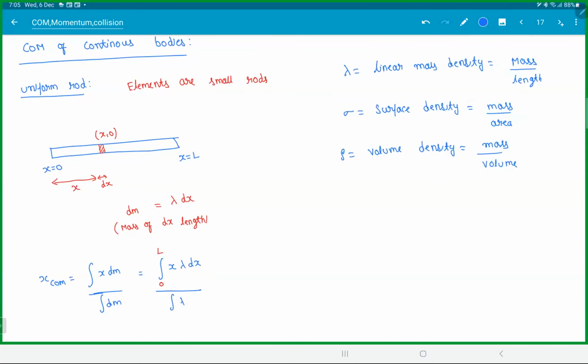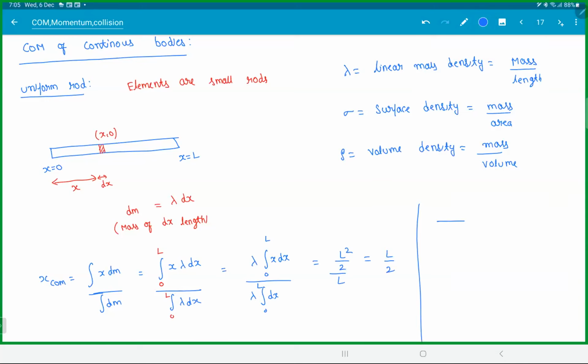You're summing all the particles from 0 to L. So this is lambda integral x dx from 0 to L by integral lambda dx from 0 to L. Lambda will cancel off. This will be L square by 2 by L, which is L by 2. Kind of obvious, we know the center was in the center, but this is how you actually integrate and get it.